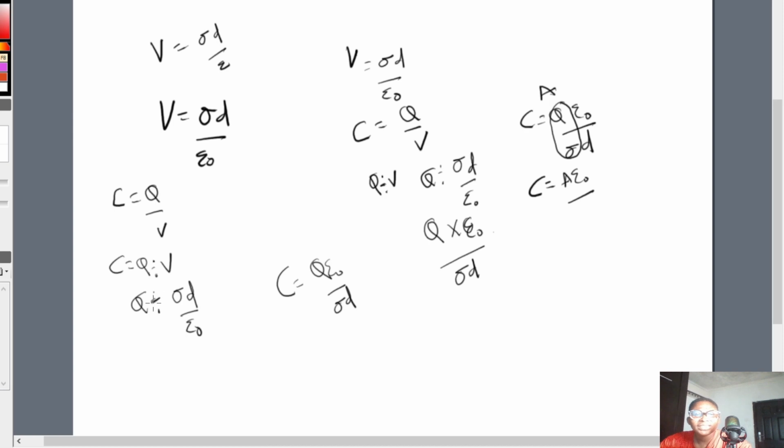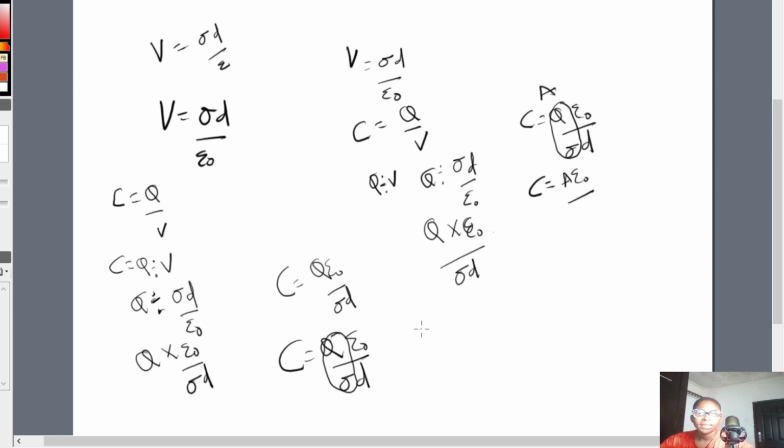We're going to change this division sign to multiplication. So it's going to be Q times epsilon naught divided by sigma D. So our C can now be Q epsilon naught over sigma D. But this Q over sigma is a value.